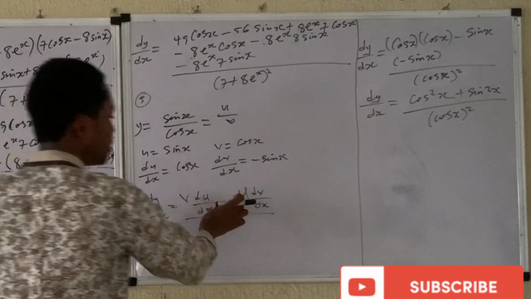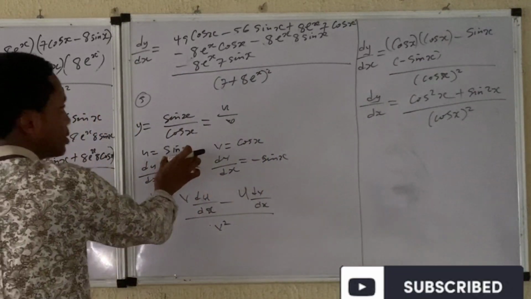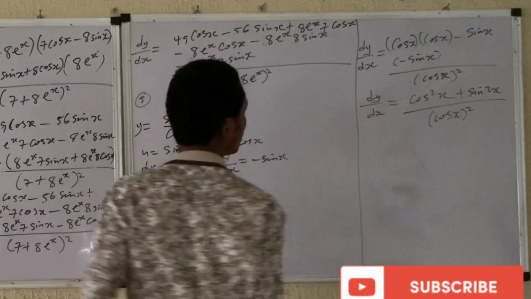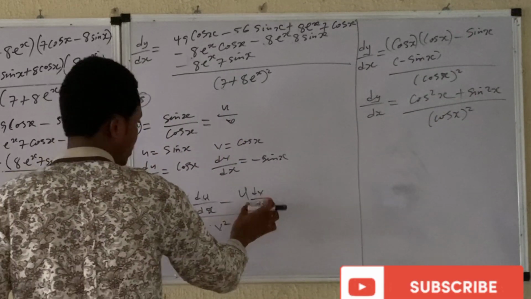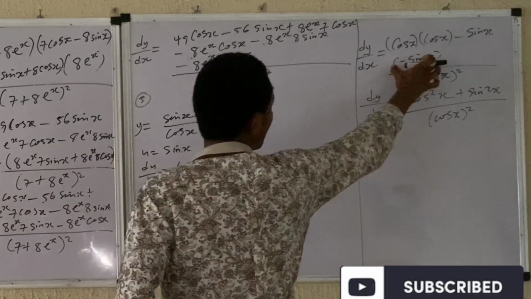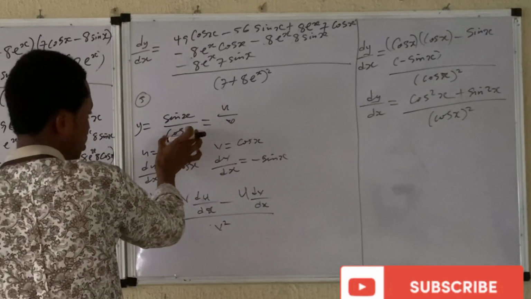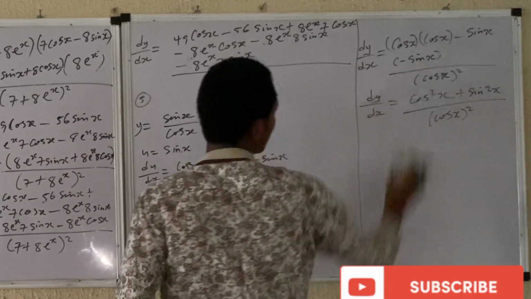We repeat the negative sign, which is this one. Now, where is our u? Our u is sine, and our dv dx is minus sine here, all over the v squared, which is the cos, bracket open and close, raised to the second power.